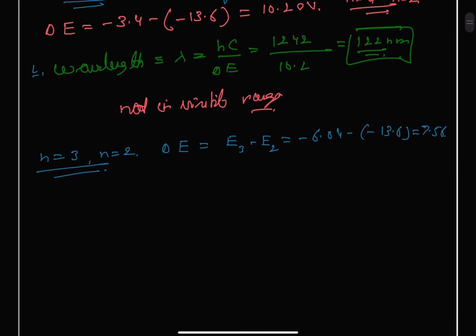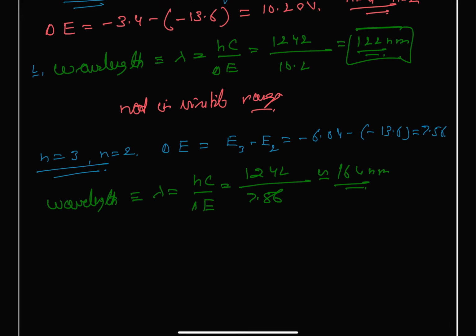Once again we find the wavelength. Lambda will be equal to hc upon delta E. hc is 1242 and this is 7.56, and this gives us approximately 164 nanometer, but this still is not in the visible range.